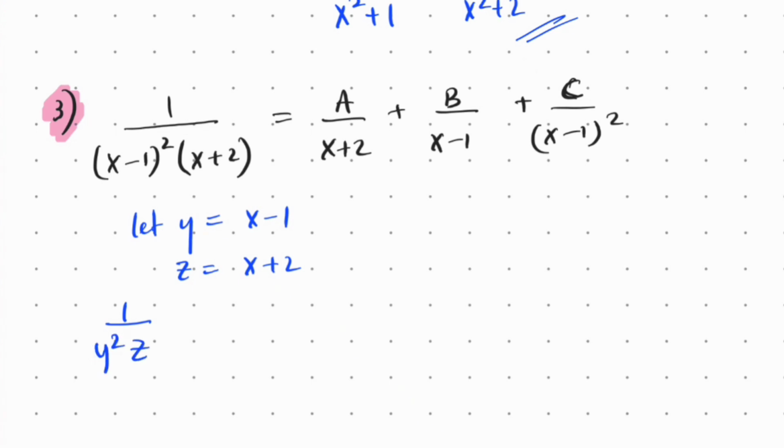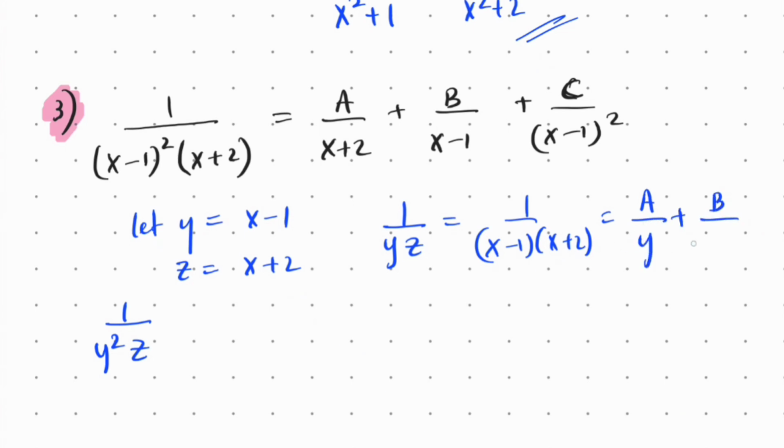Okay, I'm going to look at 1 over yz first, right? 1 over yz is actually 1 over (x minus 1)(x plus 2), which you can easily do: a over (x minus 1), which is y, plus b over (x plus 2). Now remember, these are not the ab's that we discussed here, so let's put something like lambda and mu.